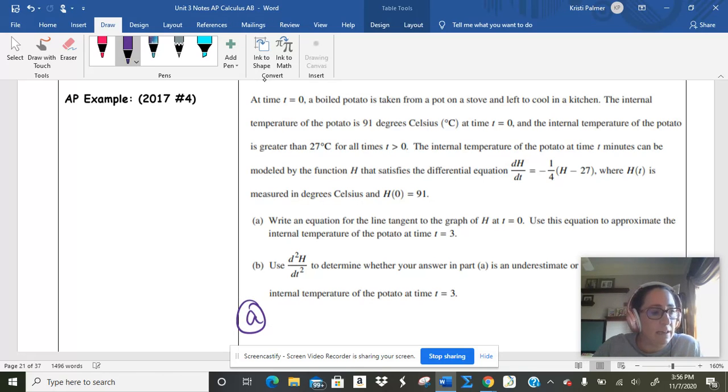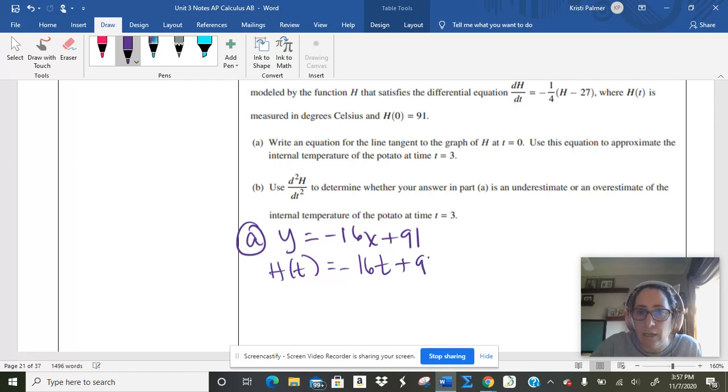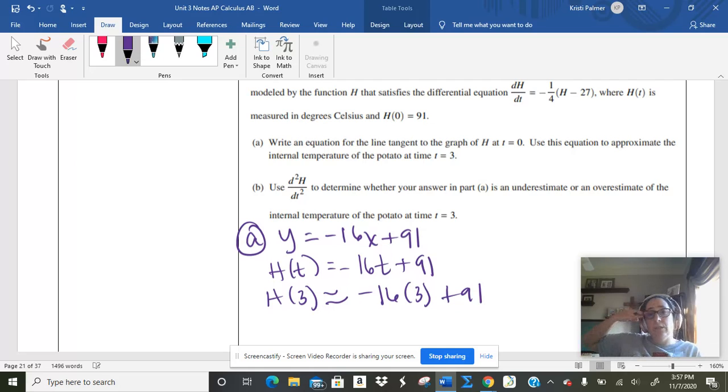And on part A, see if you can get this tangent line. Some of you may say, I like it to be in terms of my h and my t, and that's fine, either one. But then h of 3 is approximately this guy. So we used a tangent line to find an approximation.